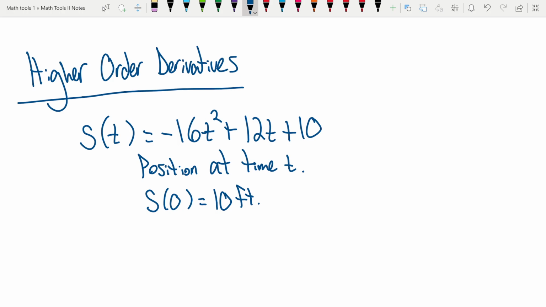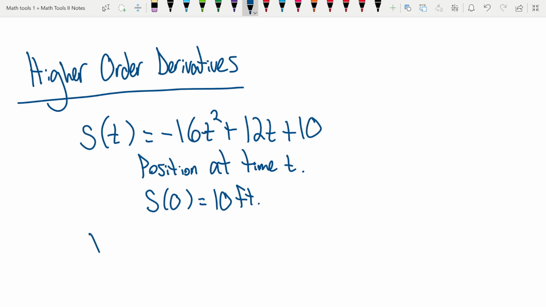So it's starting at maybe a height of 10 feet, since this is going to be an upside down parabola. Then when we look at the derivative of this, this would be the rate of change of the position. How quickly is the position changing?